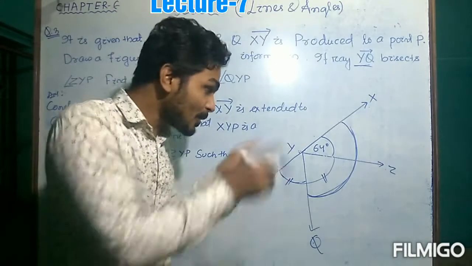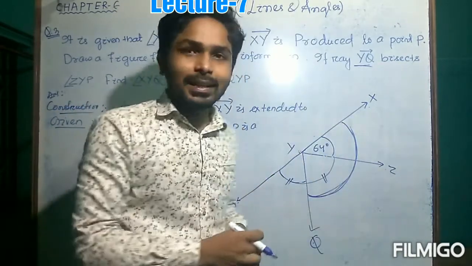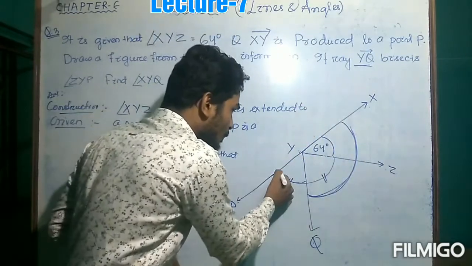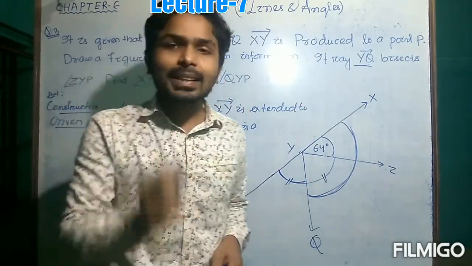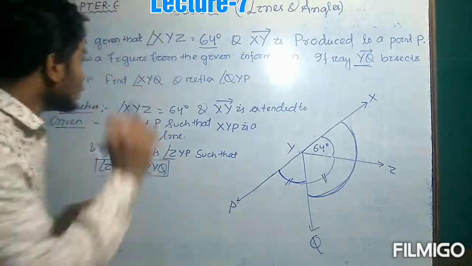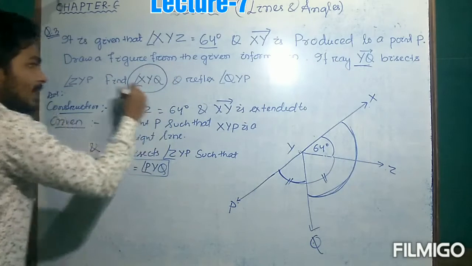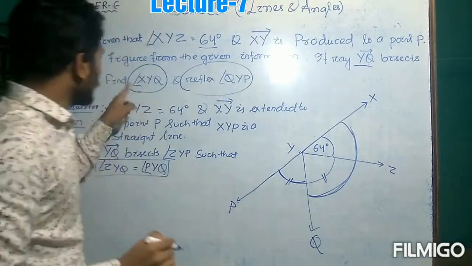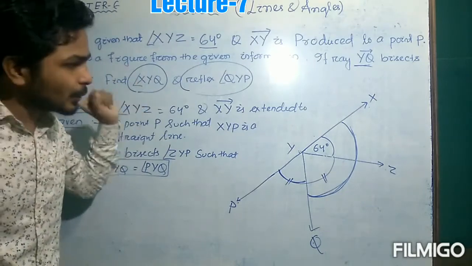So this angle should be subtracted from the total angle. Total angle is how much? 360 degrees. So from 360 degrees, you have to subtract this angle in order to get reflex QYP. Right? So your target is to find first this angle and then this angle. So let's go for finding this angle XYQ, this total angle.